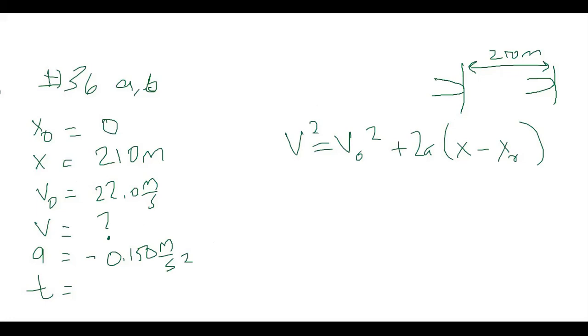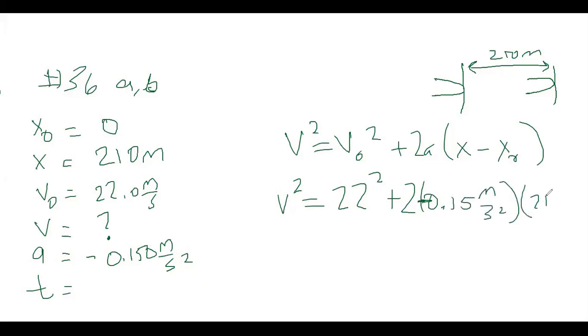Now we just plug our variables in. V squared equals 22 squared plus 2 times negative 0.15 meters per second squared times 210. So V equals, this one I can't do in my head. 20.52 meters per second when it leaves the station.